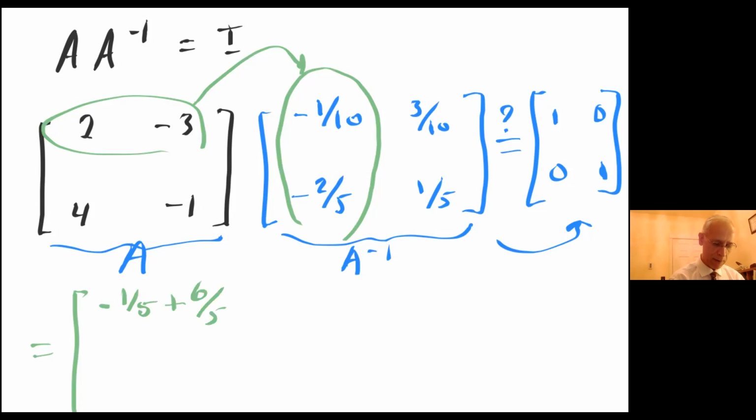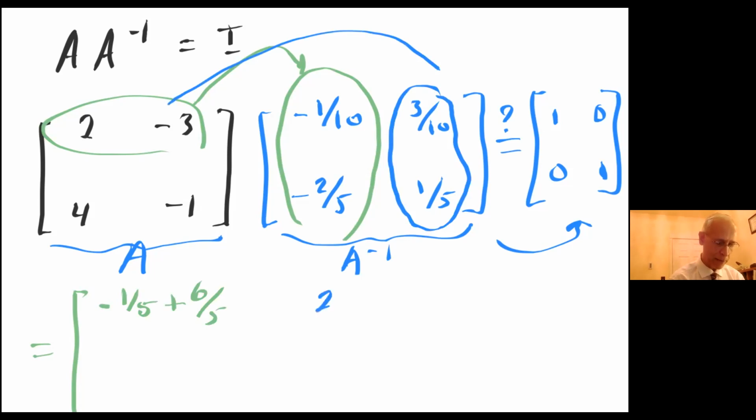Now, this number goes and is multiplied by this. I get 2 times 3/10 gives me 3/5. And -3 times 1/5 is -3/5.